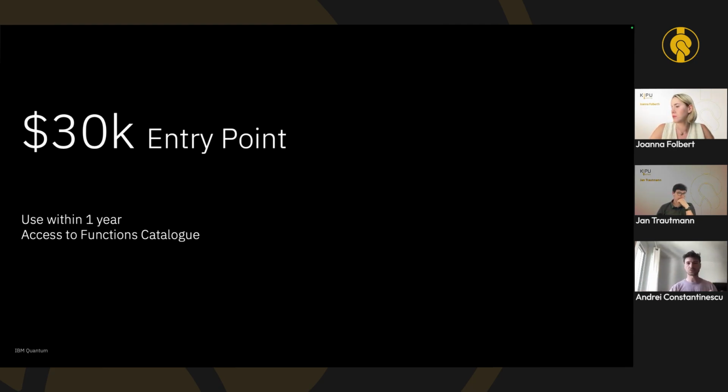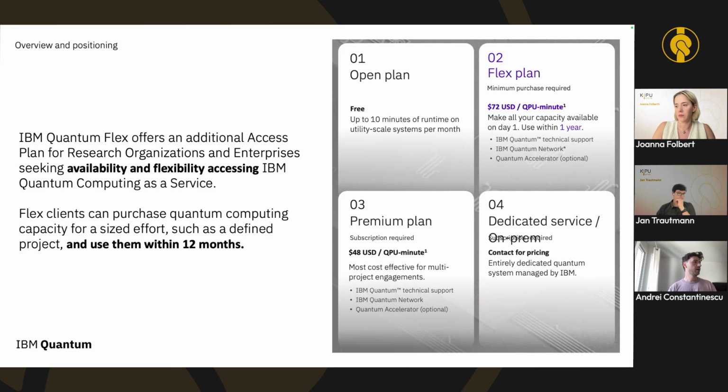You're not ready to commit to a long-term year contract. You don't have a very large budget. Flex is where you start. It's 30K, it accesses all our devices, all our regions, and brings flexible usage. And I'll explain what it is. But again, you get access for 1 year, all our functions, all our capabilities on the platform.